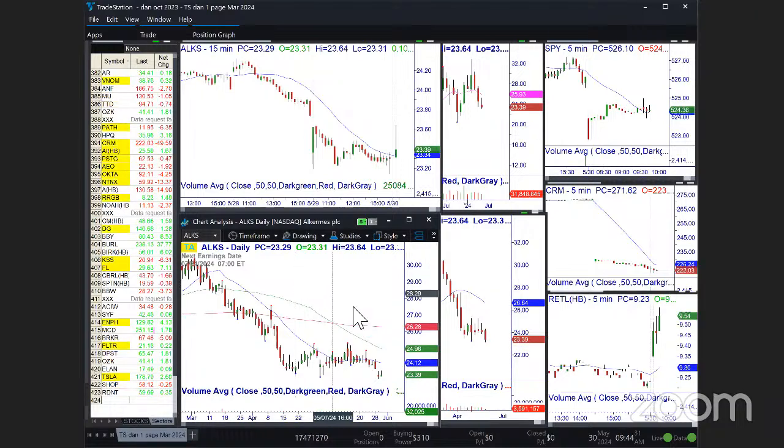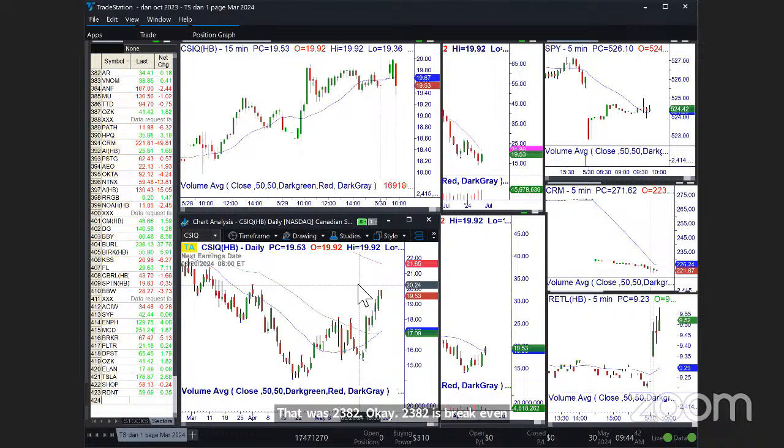That was 2382. Well, I'll leave it. 2382 is break even. CSIQ. Tighten stop.